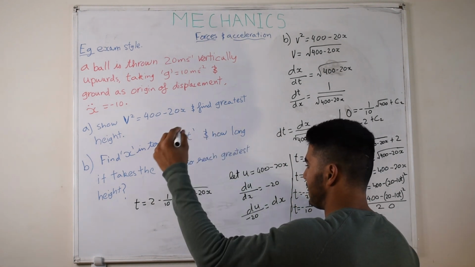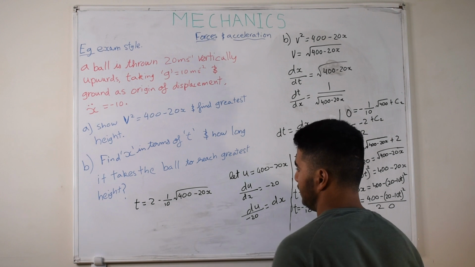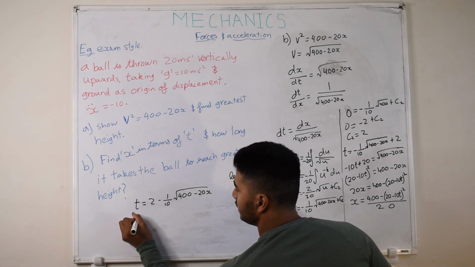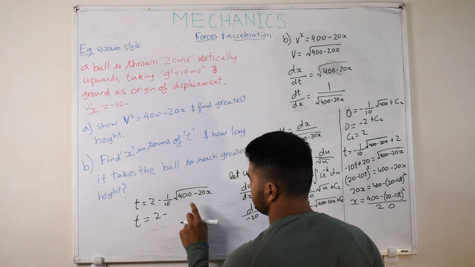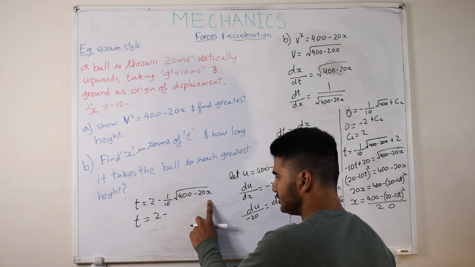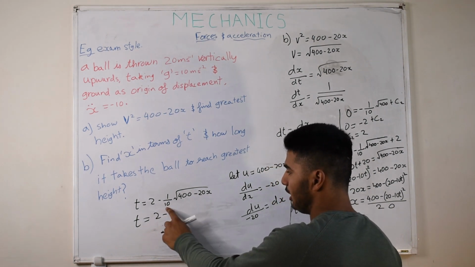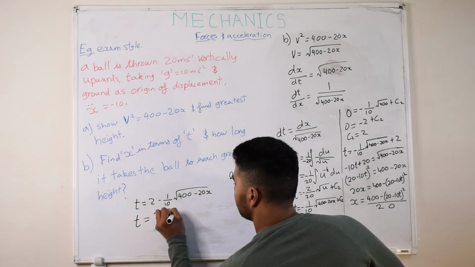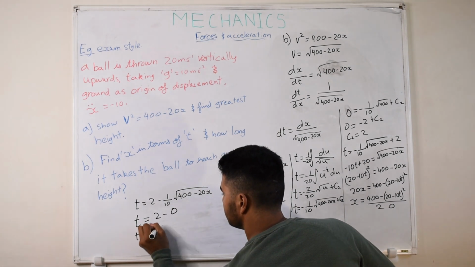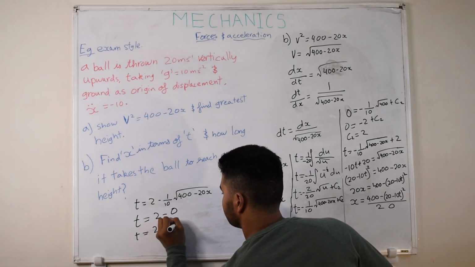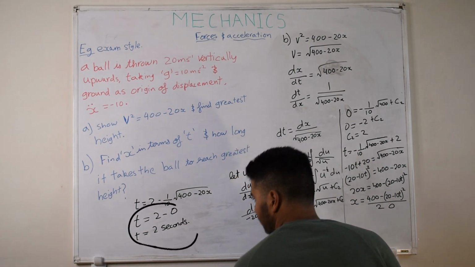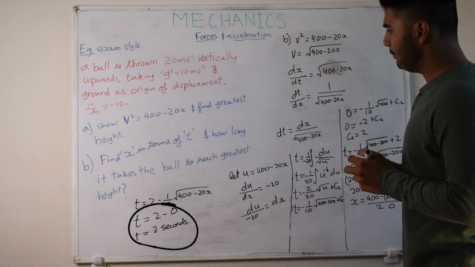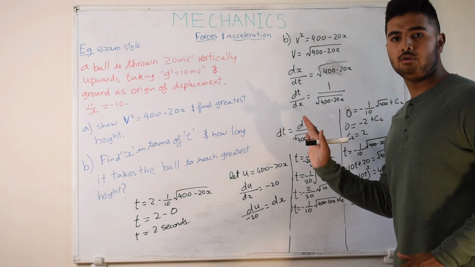Time taken to reach the max height, sub in 20 over here, so this then gives me t equals 2 minus, 400 minus 400 is 0, 0 multiplied by 1 upon 10 is still 0, so t is 2 seconds. Interesting sort of question, but yeah, that is how you do this over here.